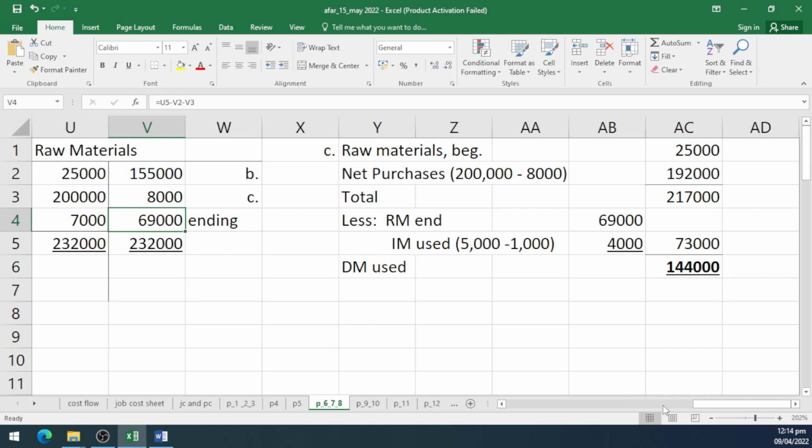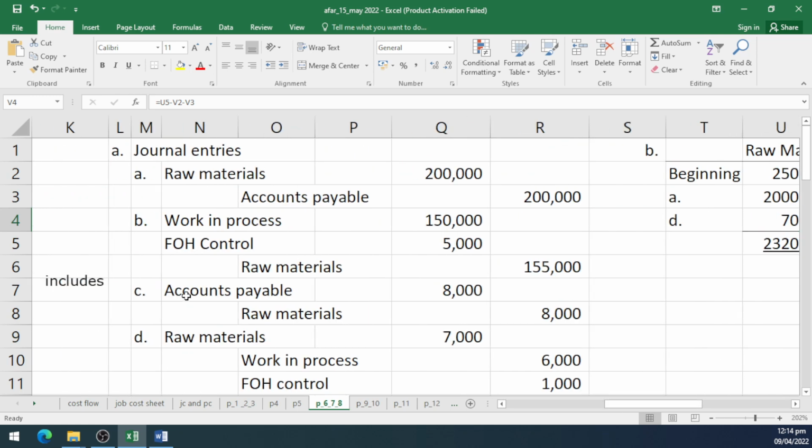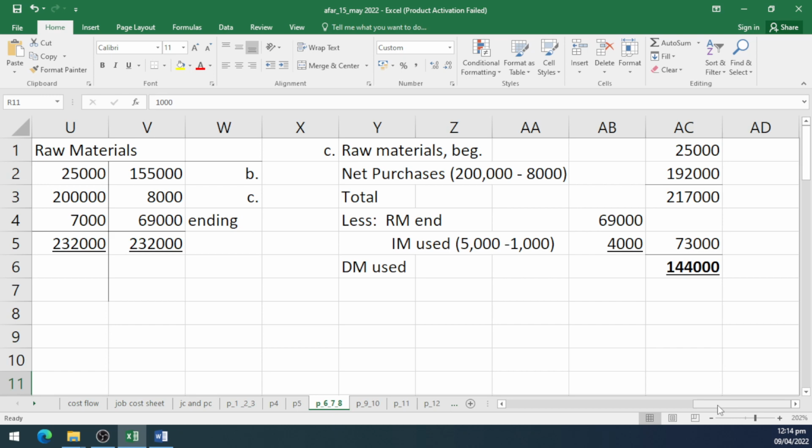And, of course, the indirect materials used na 4,000. Initially, 5,000 po yung issued here. And then, there is a return to storage na 1,000. So, ang indirect materials used po ay ito, 4,000 lang po. So, 217 minus 73. Our direct materials used is 144,000.